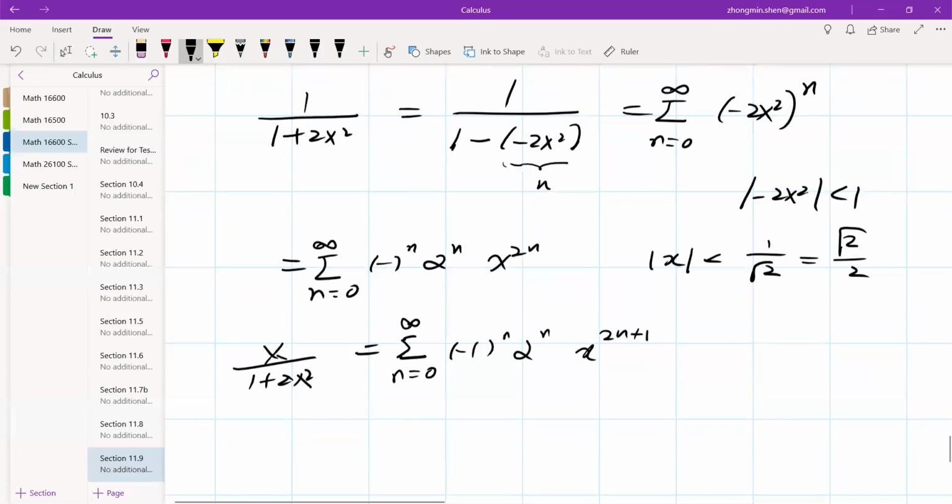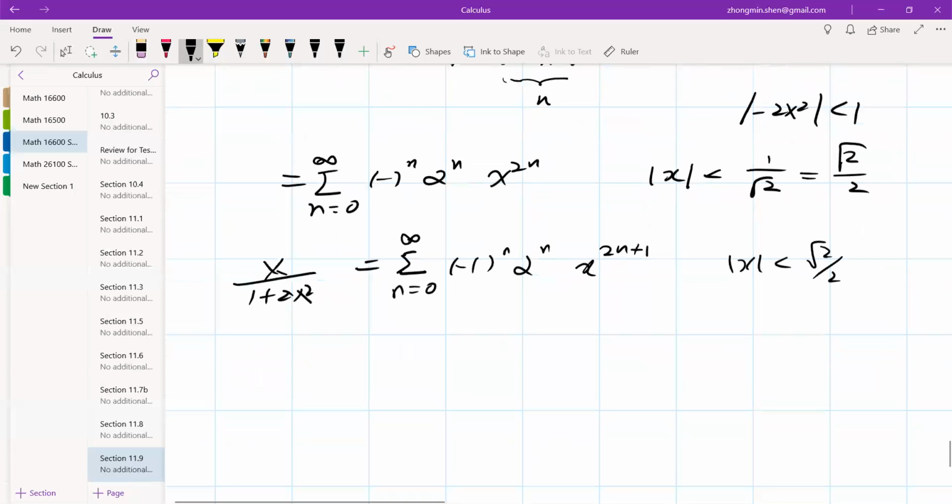That's it. Then you still have the same radius of convergence. So we solve the problem. Just modify the function and use the given formula. We only use a single formula over and over again right now.